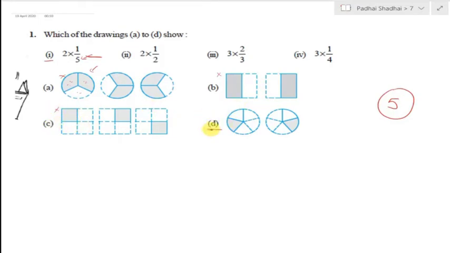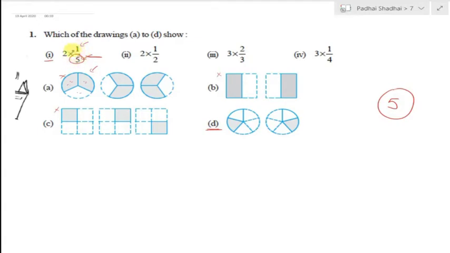See carefully. And here, beta, it is divided into 5 parts. Here, see, one body is divided into 5 parts, so this represents the given question. One body is divided into 5 parts, so it represents 1 by 5, and there are total 2 bodies.